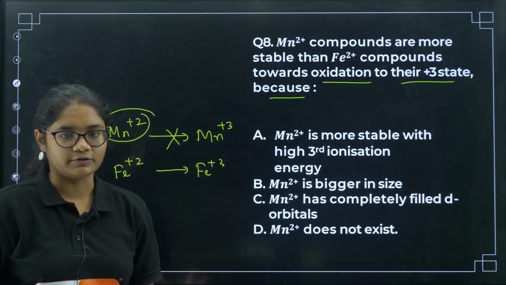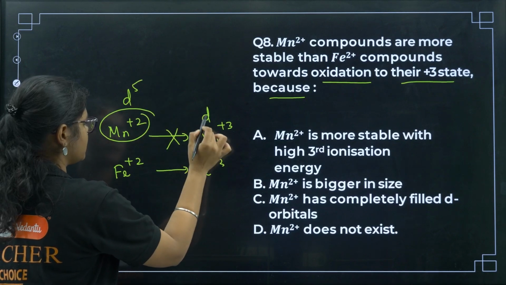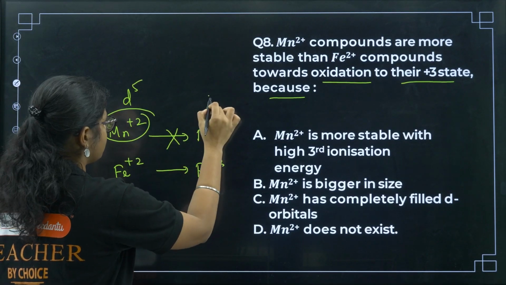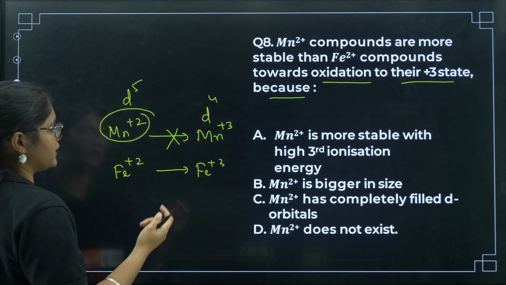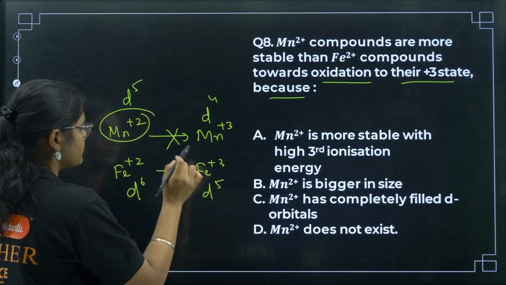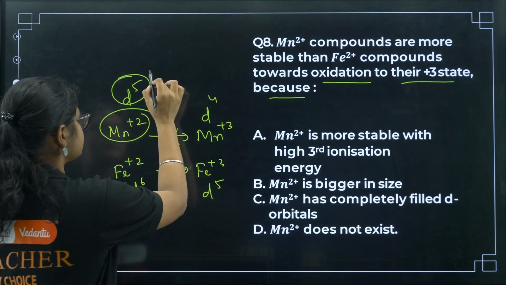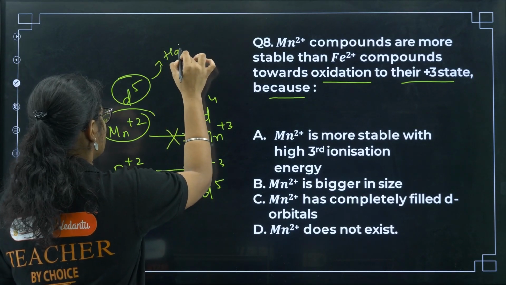Now what is the reason for that? That is very obvious. See, here the configuration is d5, here the configuration will be d6. If you remove one more electron, it will become d4 here and d5 for iron. Now there is something special about this d5 configuration. What is it? It is a half filled configuration.